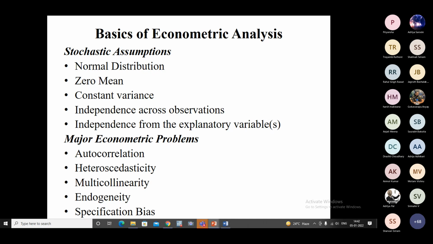And then what will happen? The coefficients will not be normally distributed. And then we will not be in a position to carry out the testing of hypothesis by using the test statistics like say F, T, etc.